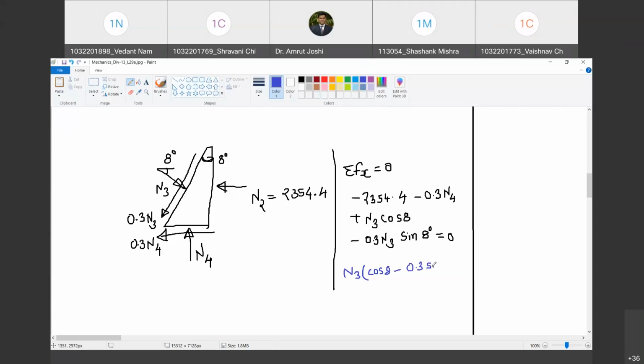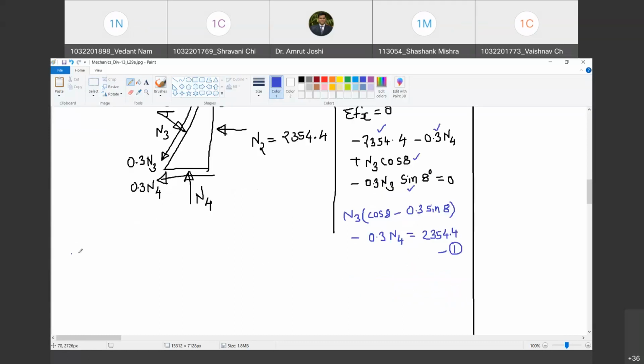That covers both terms of N3. What about N4? It is minus 0.3 times N4. This will go on the other side and become positive, so it is equal to 2354.4. This is the first equation that I have got.